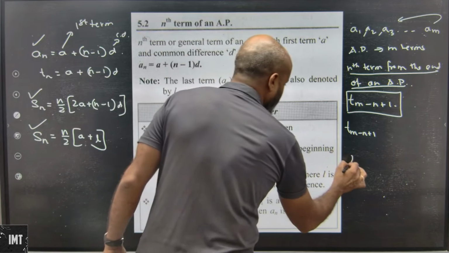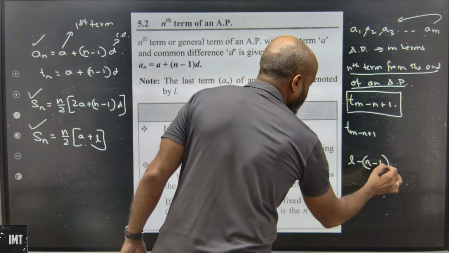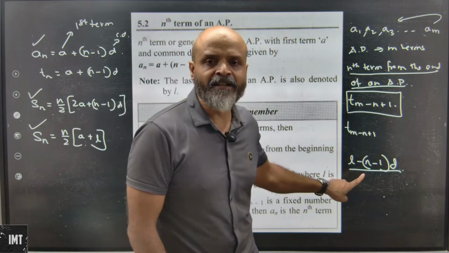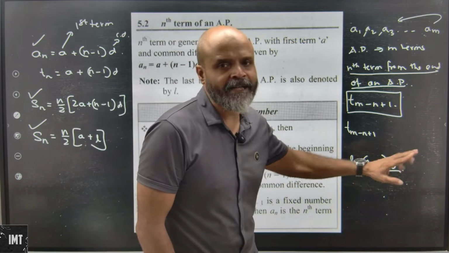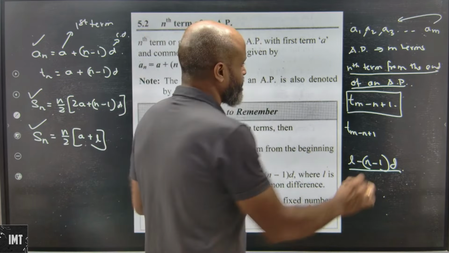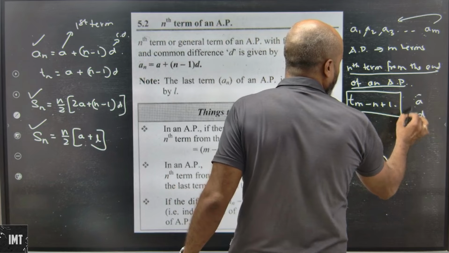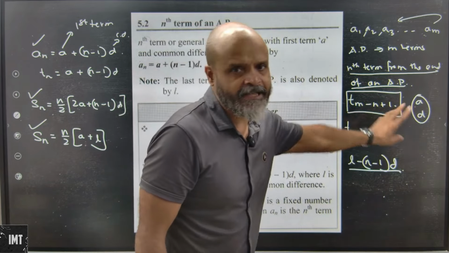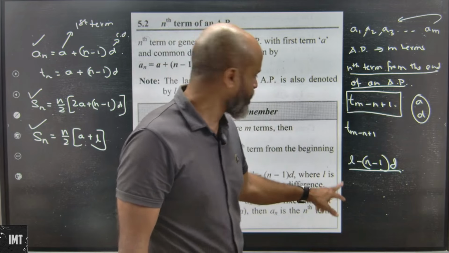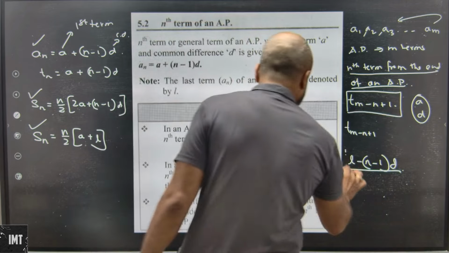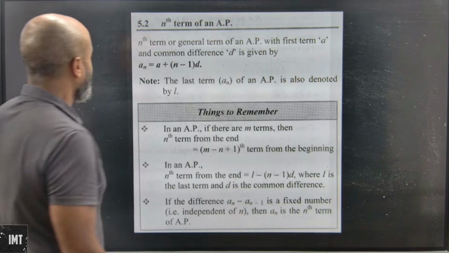If you happen to know the last term, the nth term from the end will be l - (n - 1) into d. And if you don't happen to know the last term, but you know the first term and the common difference, then the nth term from the end is given by T_(m - n + 1). If you happen to know the last term, that is l - (n - 1) into d. So these are basically the things that we need.